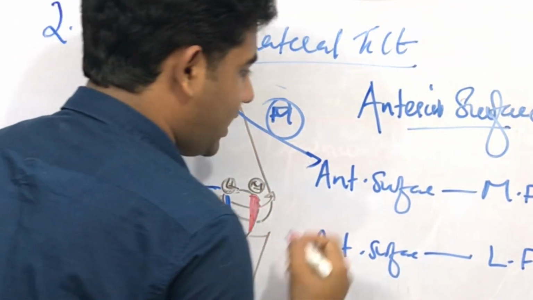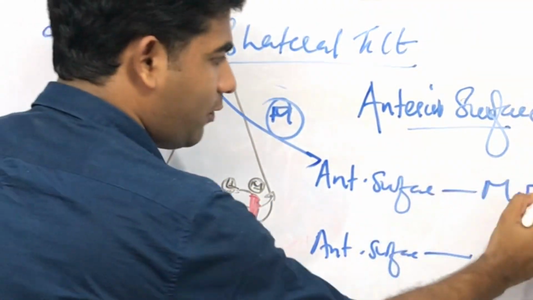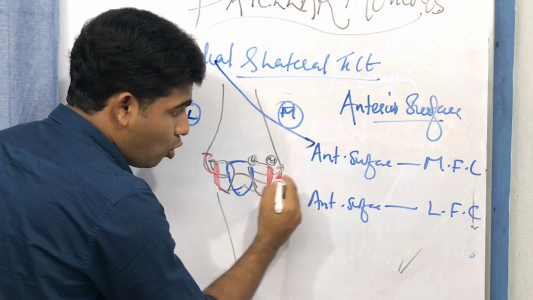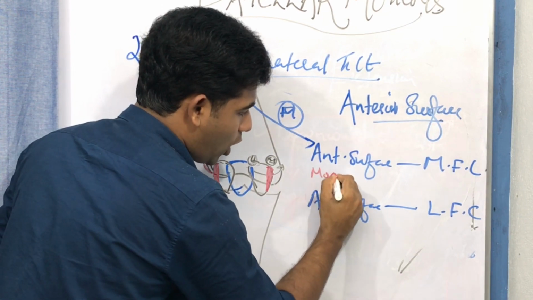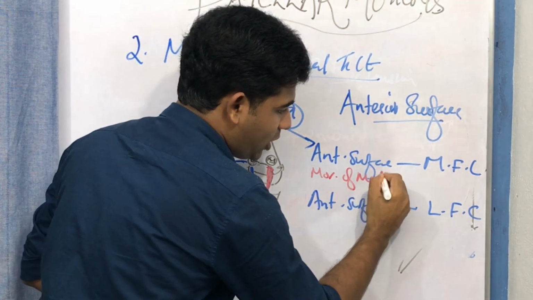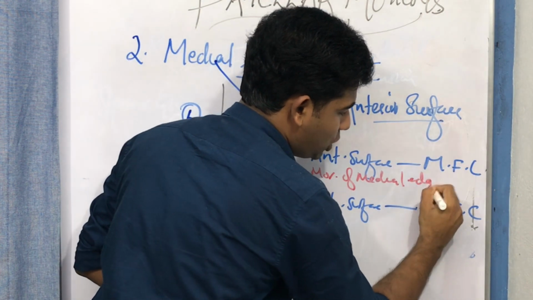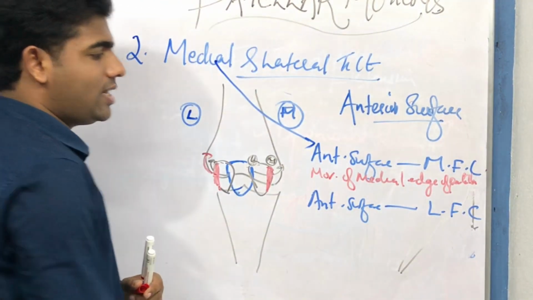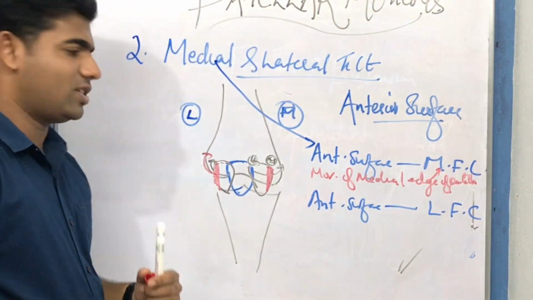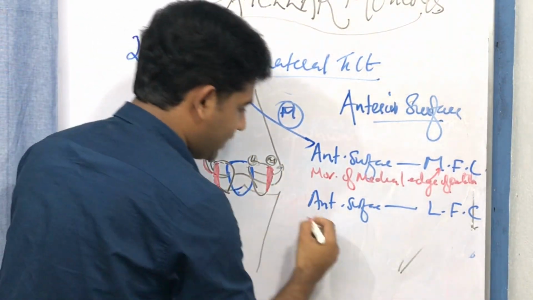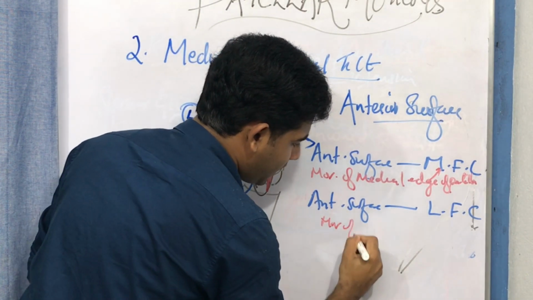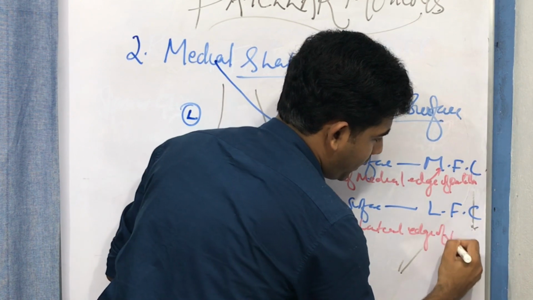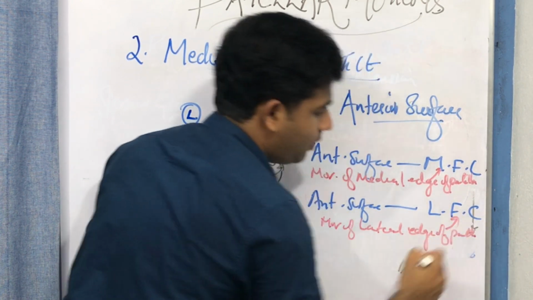Let us add on to our definition. What is medial tilt? That is the movement of the medial edge of the patella to the medial femoral condyle. And what is lateral tilt? That is the movement of the lateral edge of the patella to the lateral femoral condyle.